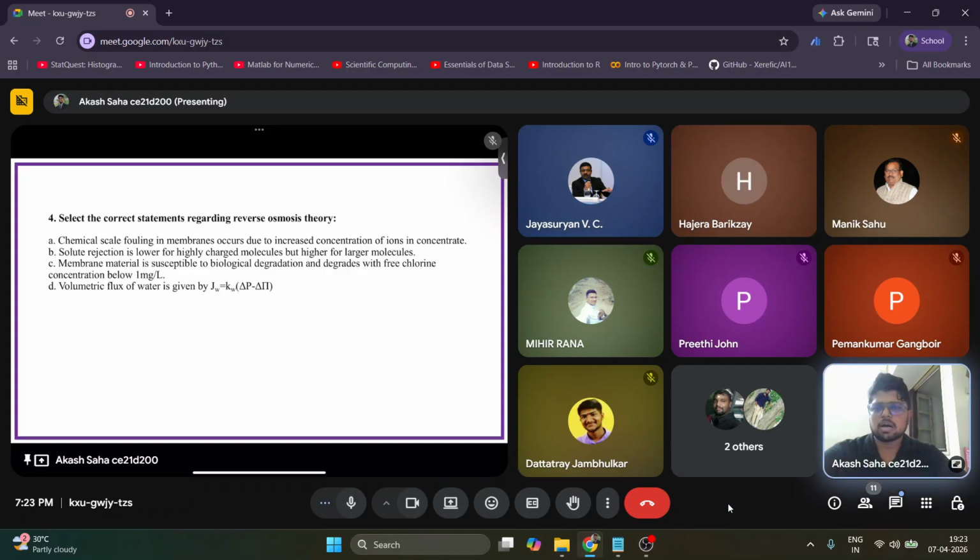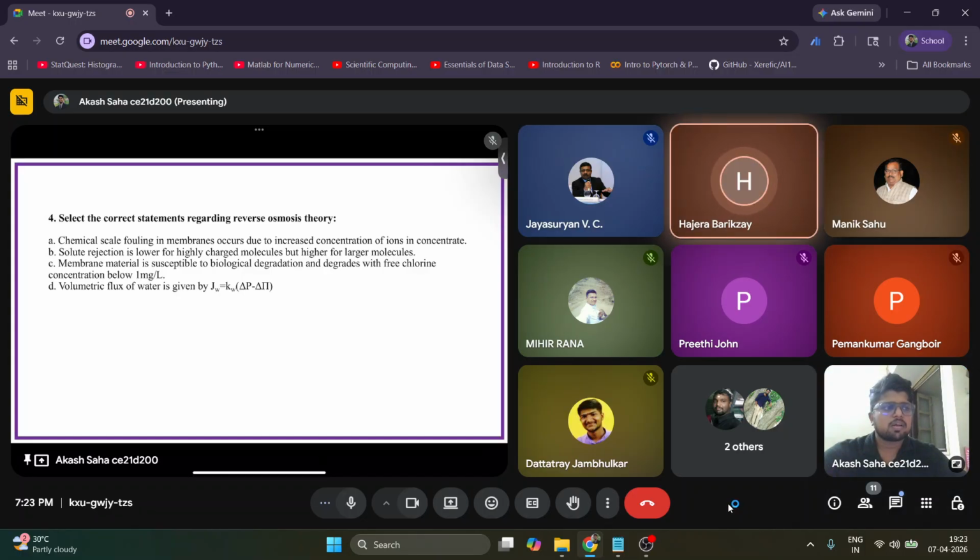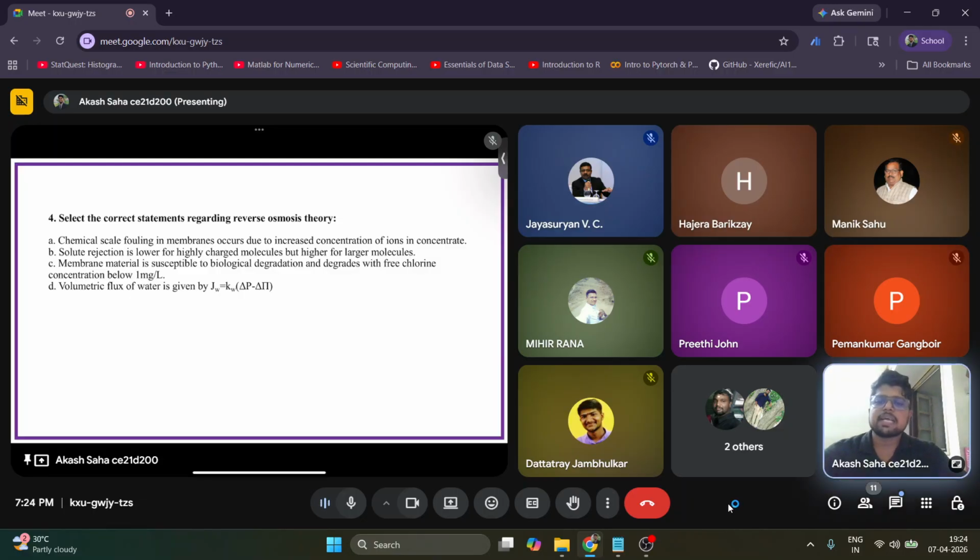Where have you come across this? I've heard this in the videos, in the properties of RO, and that was one point in the slides. So they are telling that it degrades with free chlorine concentration above, not below. Yes, above.